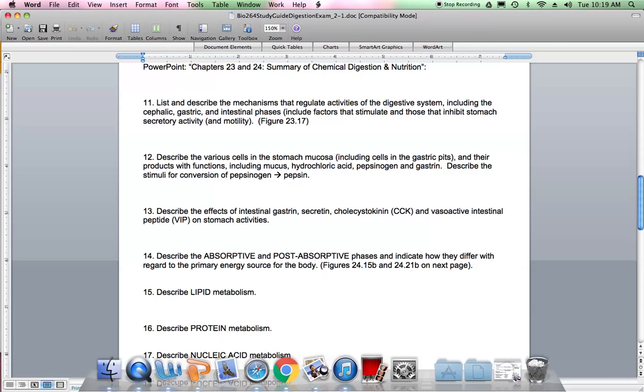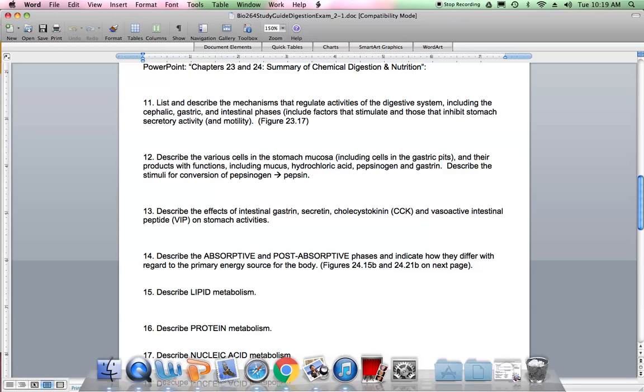There's little spurts of the chyme that will enter the duodenum, and that gives the duodenum time to digest the materials that have entered it. So the intestinal gastrin, secretin, cholecystokinin, and VIP will regulate the stomach activities, basically decreasing stomach motility.